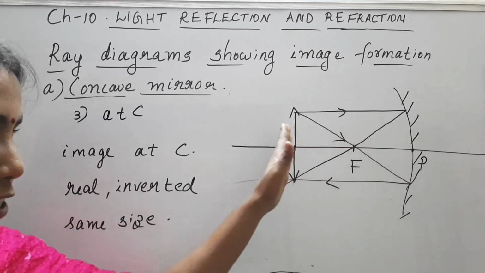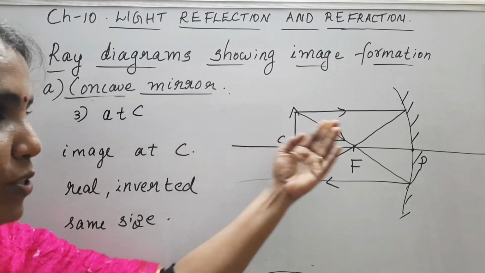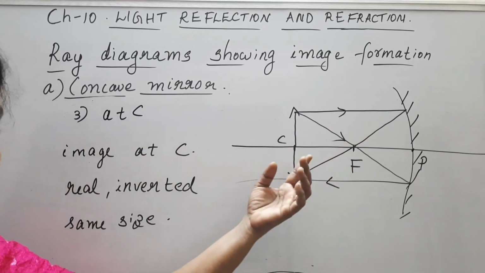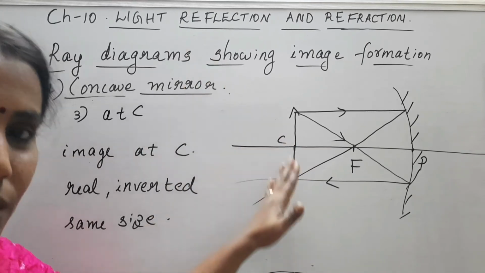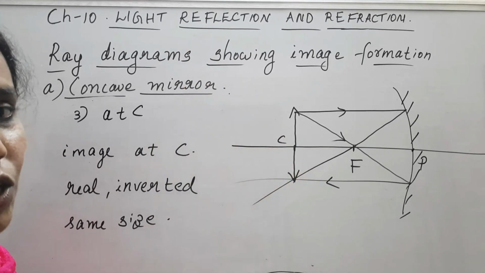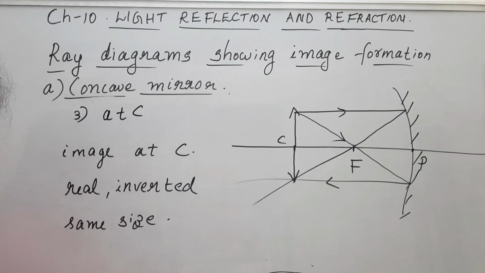So from F it is moving. The object is coming close, the image is moving away. You can compare. Now when the object is kept at C, the image also is formed at C, and the image is of the same size as that of the object.